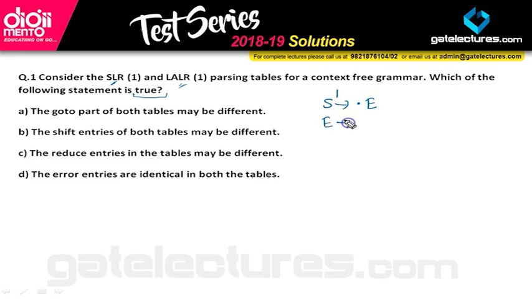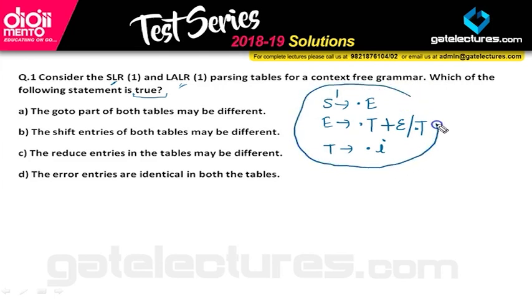So let's say this is the closure, and let's say T gives dot I. By seeing itself, you can see this is for SLR1 because there are no look ahead symbols. So I will make a few transitions. Forget about everything else. I'm only focusing here on the reduce entries, because that is the part we have to be careful about. Obviously the answer here is the reduce entries in the tables may be different.